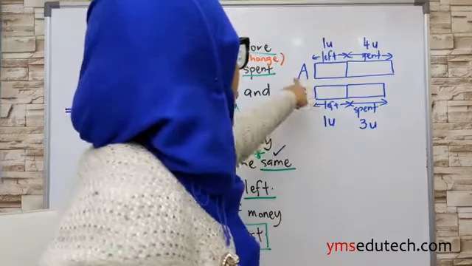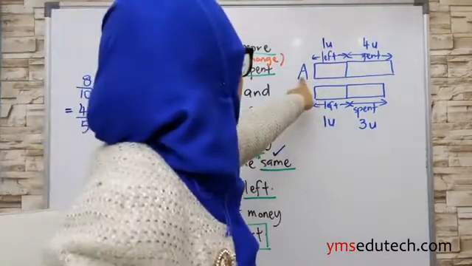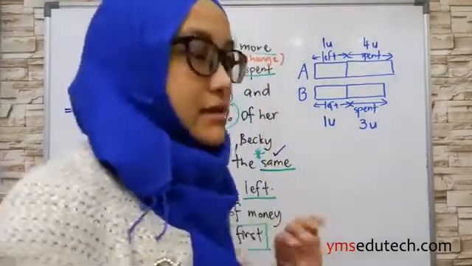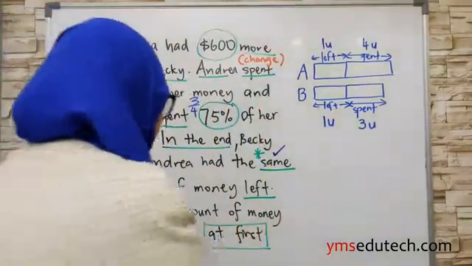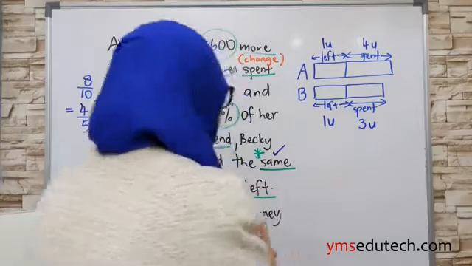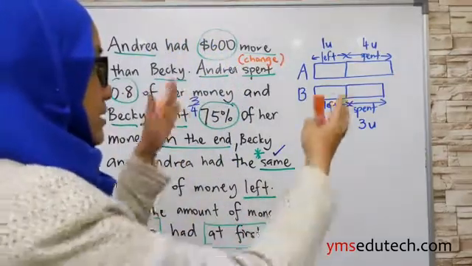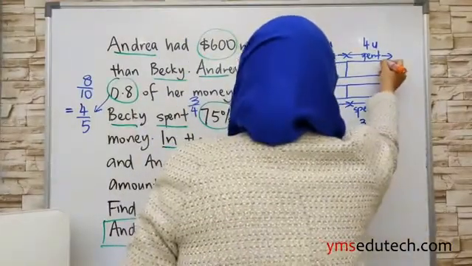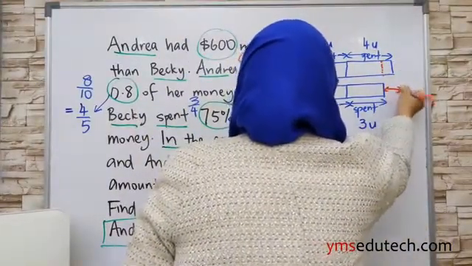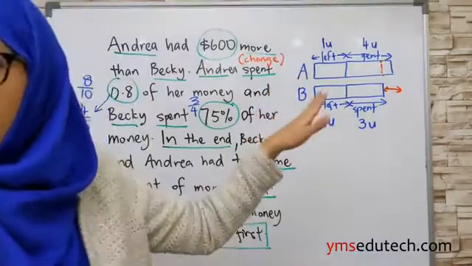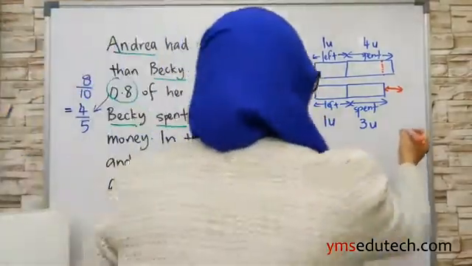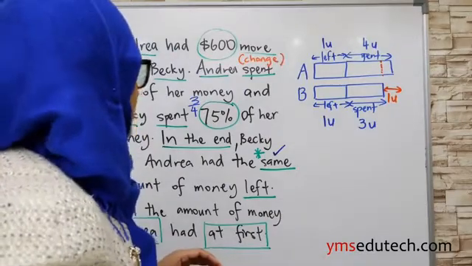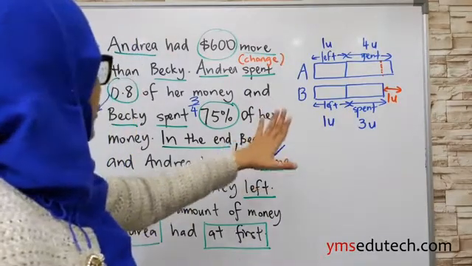And then looking at our model, Andrea spent 4 units, Becky spent 3 units. So this is a nicely crafted question such that we can easily see the difference between Andrea's amount of money and Becky's amount of money was 1 unit. 3/4, 4/5.